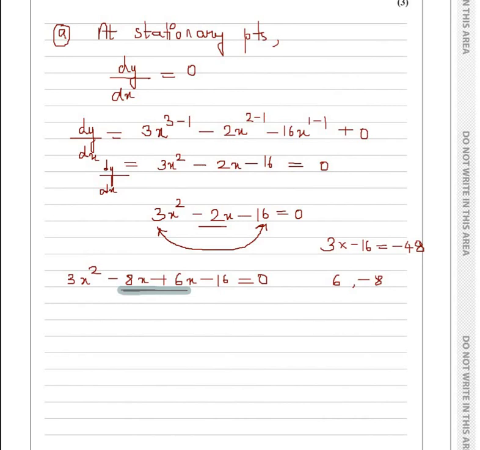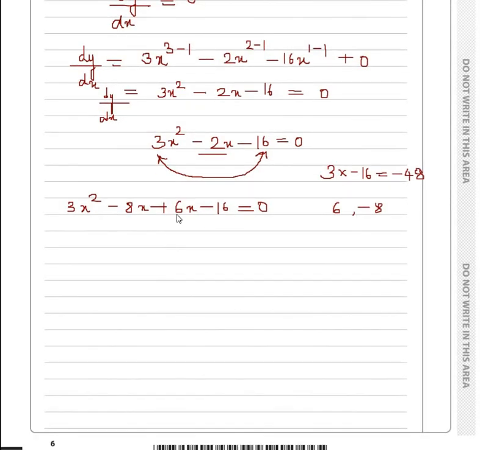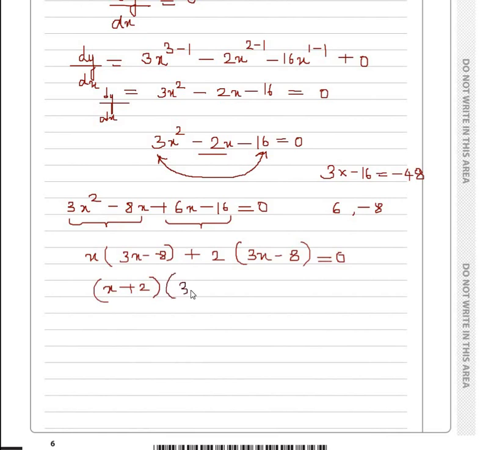Now, we are going to factorize this equation. From the first two terms, the only thing we can take common is x, and this remains as 3x minus 8. And from the last two terms we can take 2 common, which again remains as 3x minus 8, equals 0. So the factors are x plus 2 and 3x minus 8 equals 0.